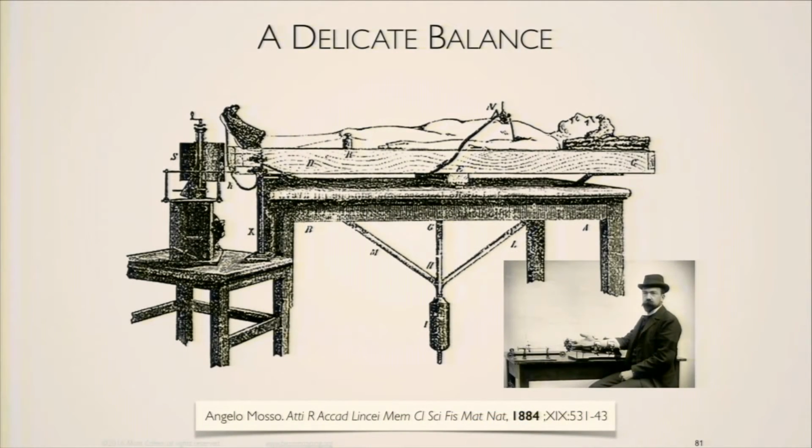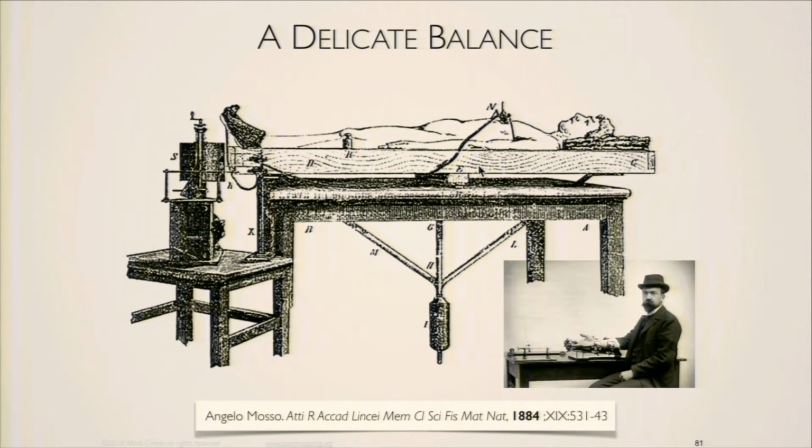Functional imaging, functional brain studies on the basis of blood flow. This is a really cool slide. This is a fellow named Angelo Mosso, who in 1884 built a little platform that's a balance. It's got a little bed on which somebody lies and a little edge on which they can float it, and a set of apparatus to make things balance at the center of the body.